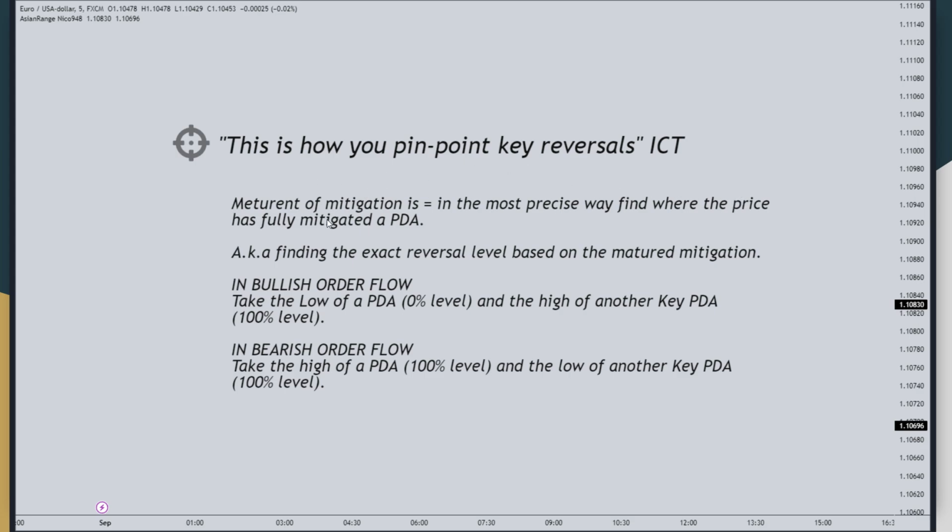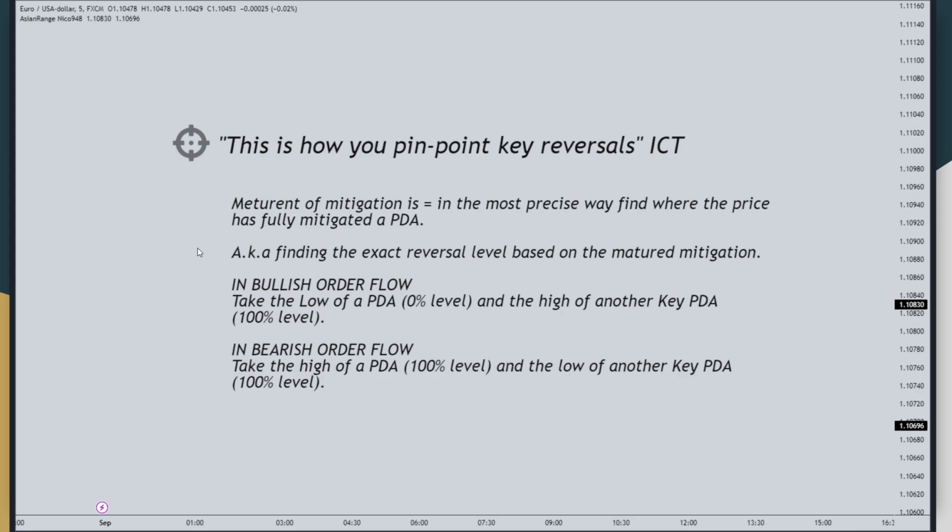The measurement of mitigation is pretty much the most precise way to find where price has fully mitigated a PD array. Meaning it will find a key reversal from a key level in two PD arrays, aka finding the exact reversal level based upon measured mitigation. That's exactly what it is.